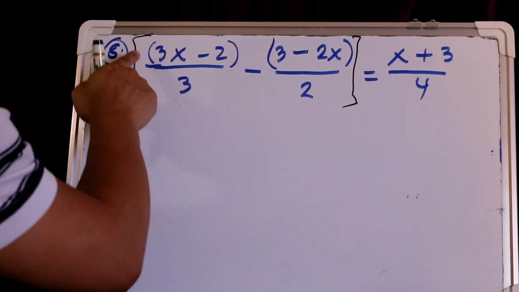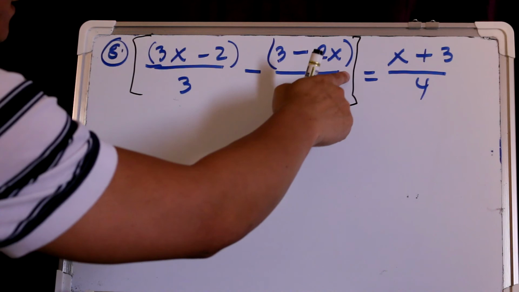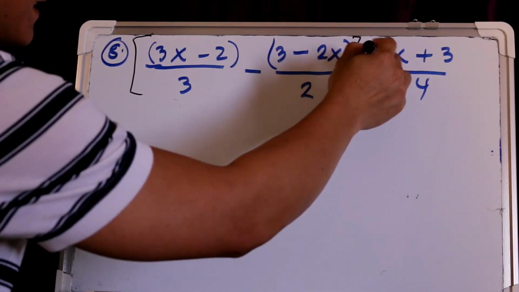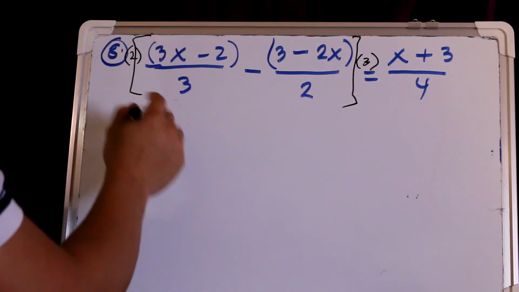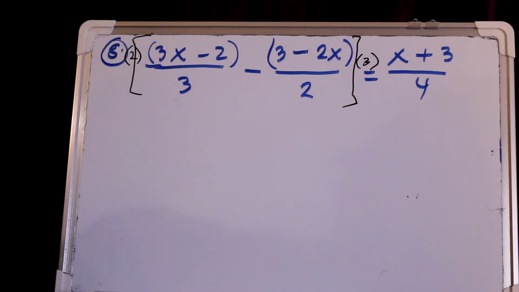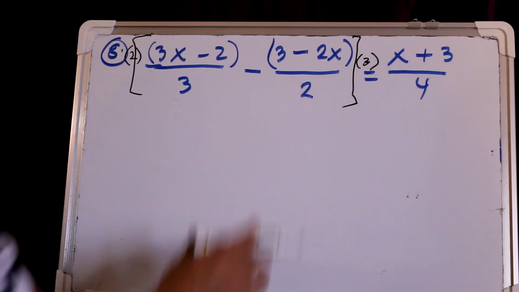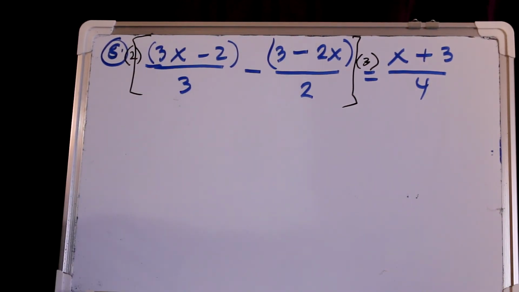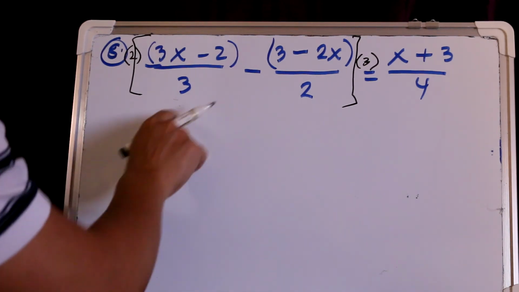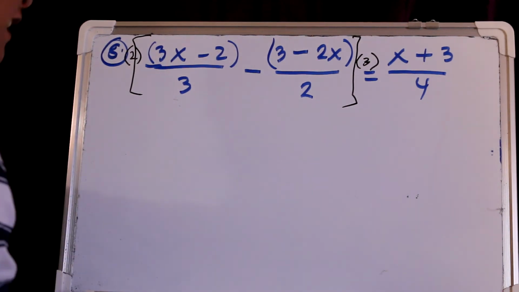So I'm going to multiply this with 2, multiply that with 3. So that I will have 6 as my common denominator here. So the common multiple of 2 and 3, the least common multiple, that's the LCM.